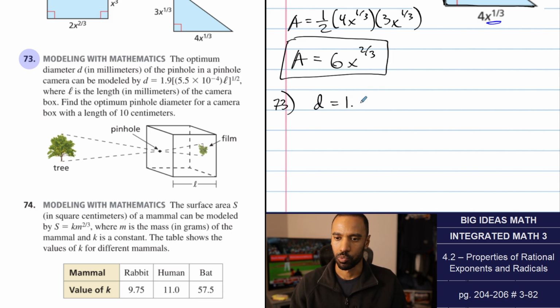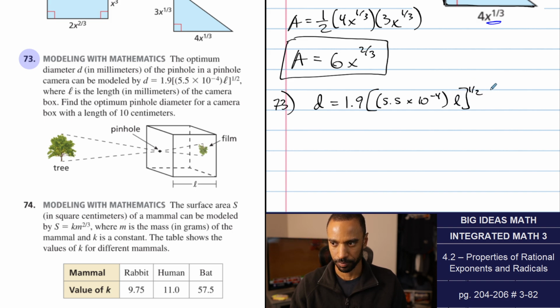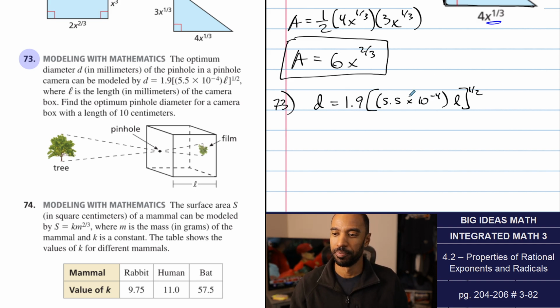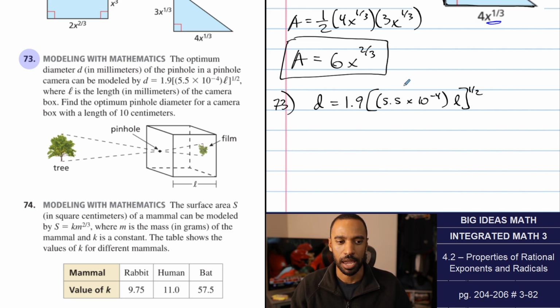So D equals 1.9 times 5.5 times 10 to the -4th L to the 1/2. That looks busy. I don't remember doing calculations like this. I just made the smallest pinhole possible. Where L is the length in millimeters of the camera box, find the optimum pinhole diameter for a camera box with a length of 10 centimeters.